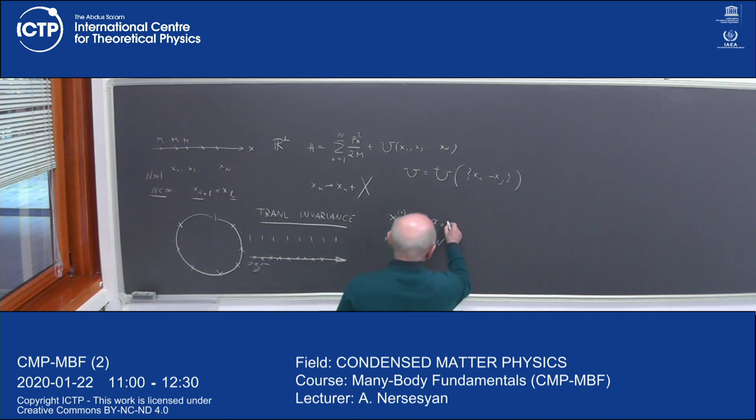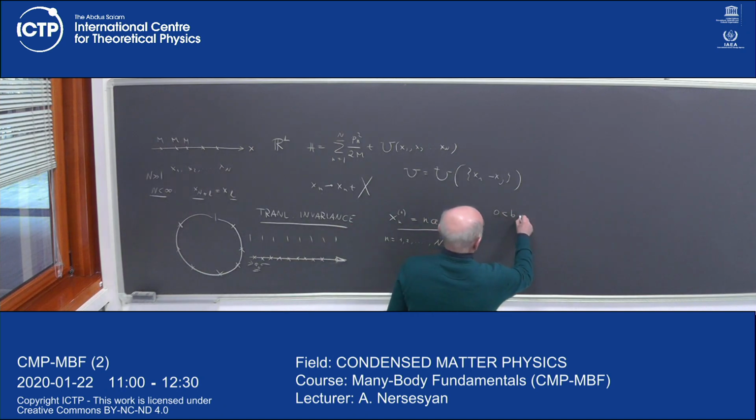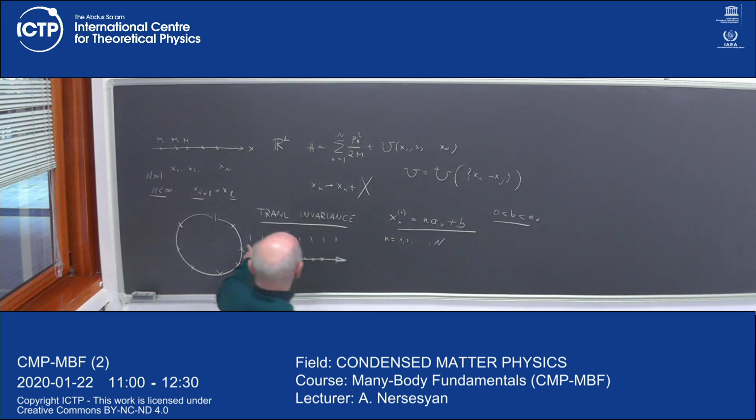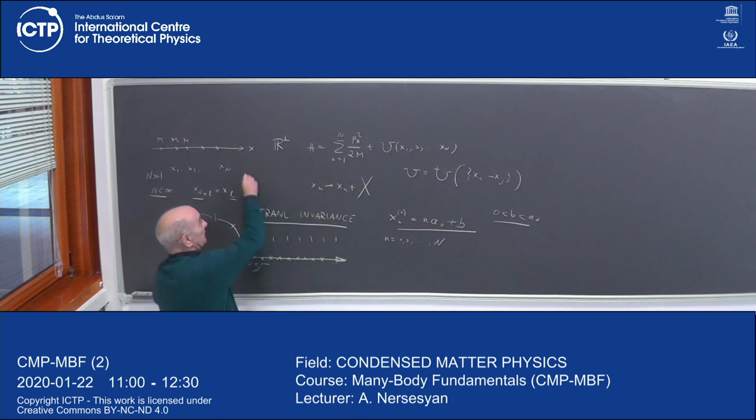Therefore, here I should put this b. Of course, b should be restricted within this interval. Why? Because if b has reached a0, if it is shifted by a0, I simply relabel my indices. I replace n by n plus 1, and that's all.